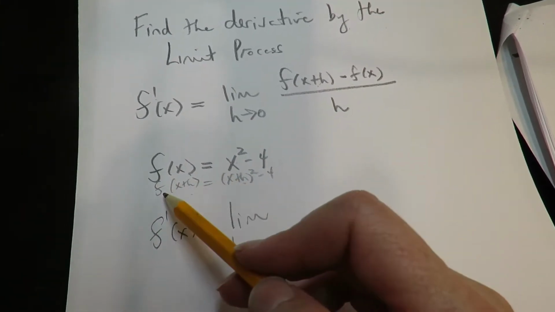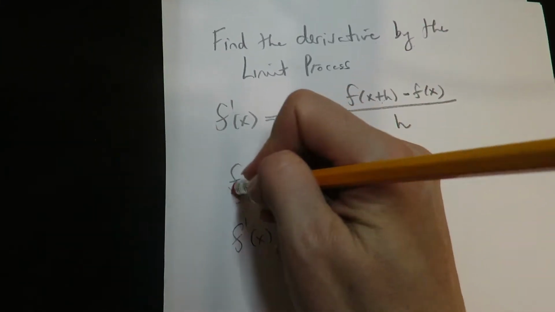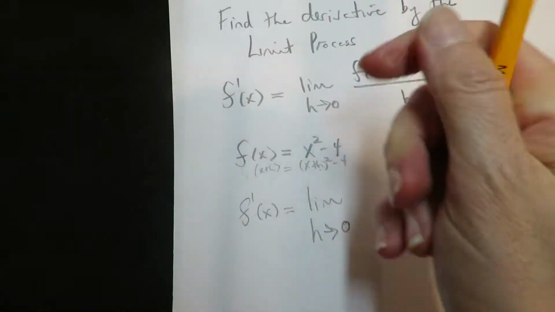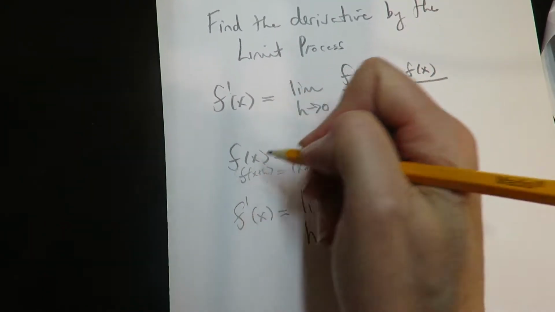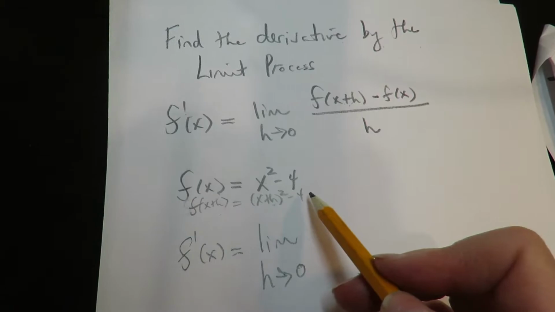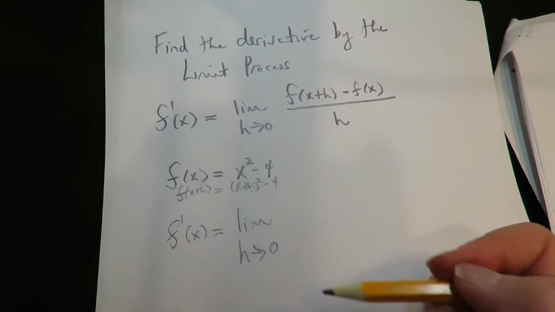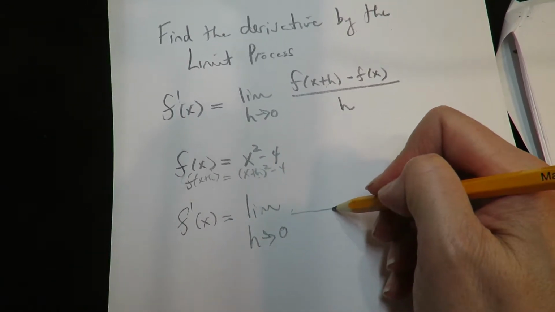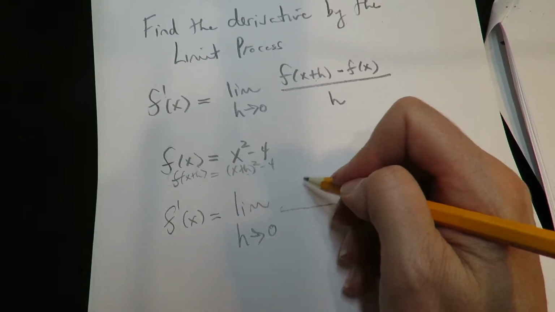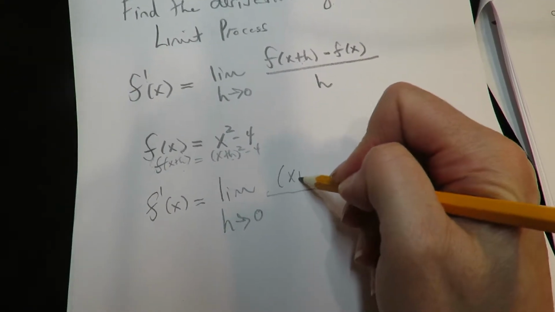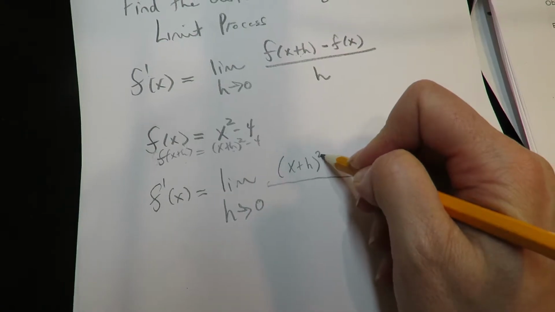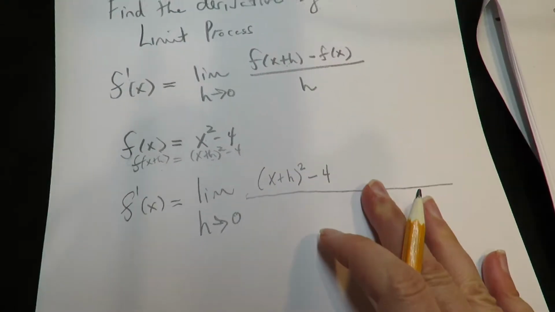So you actually have to create this f of x plus h function. So for us, it's going to be x plus h quantity squared minus 4.